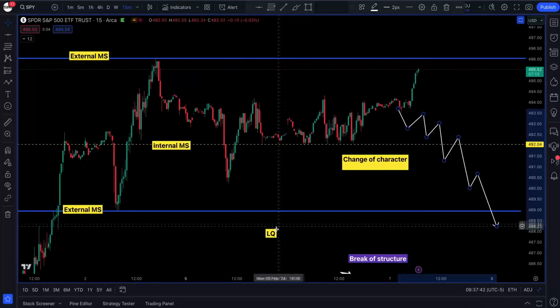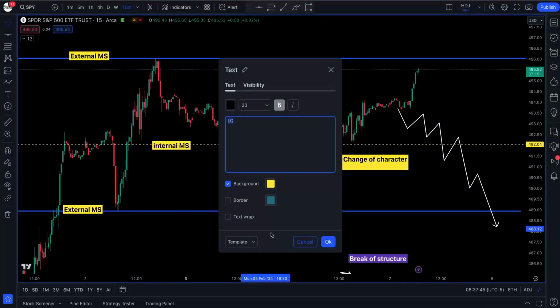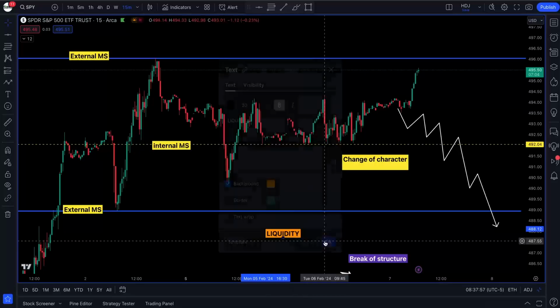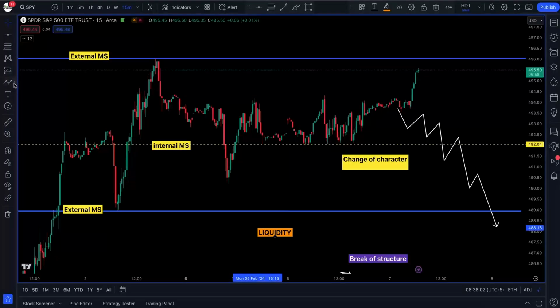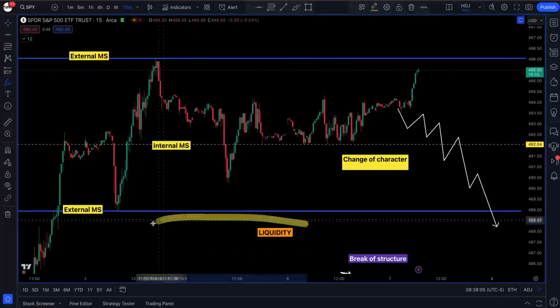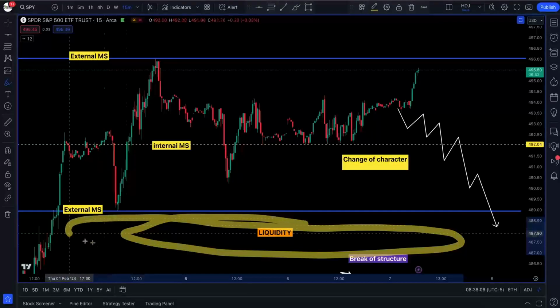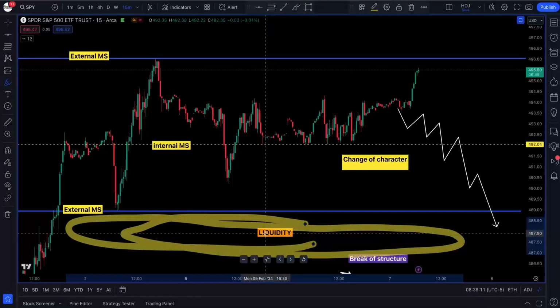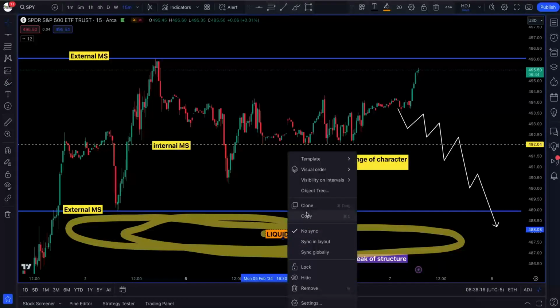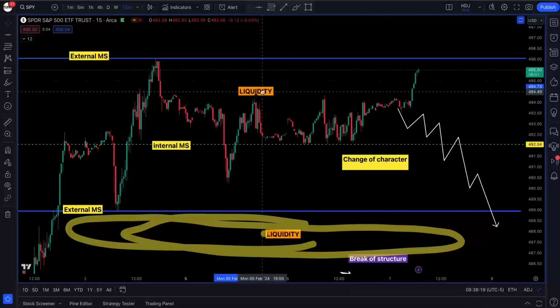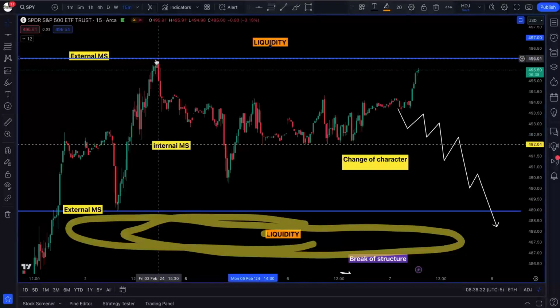So at this point, let's just type this in. Okay, change that color. So we have liquidity down here at the bottom, but we also have liquidity above this high right here.